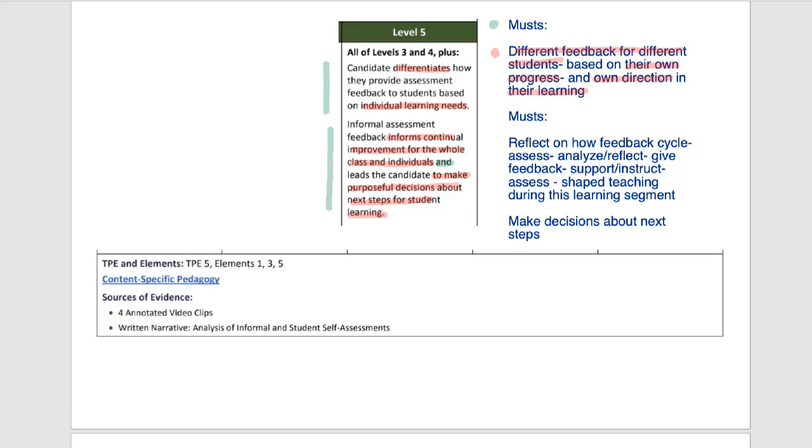So in your work, the must is you need to reflect on the feedback cycle. Okay? How is this feedback that you're giving to students part of your overall assessment plan that helps you to improve your teaching and their learning?